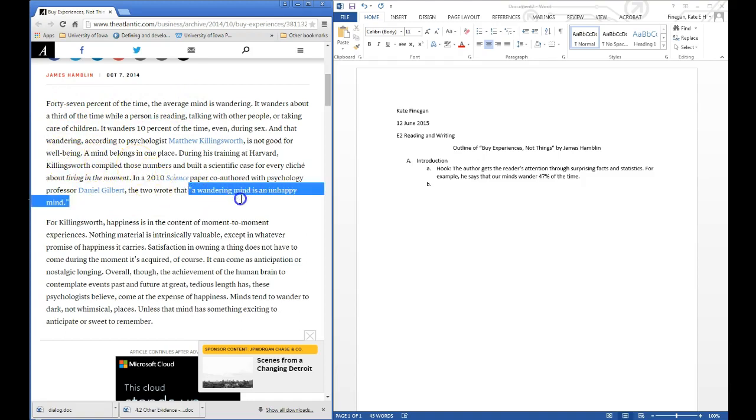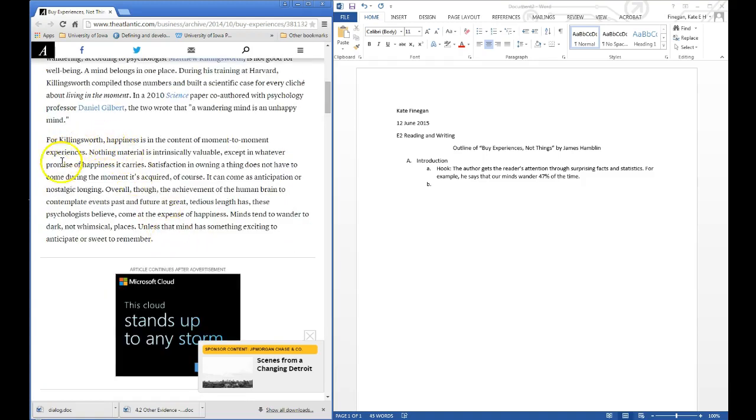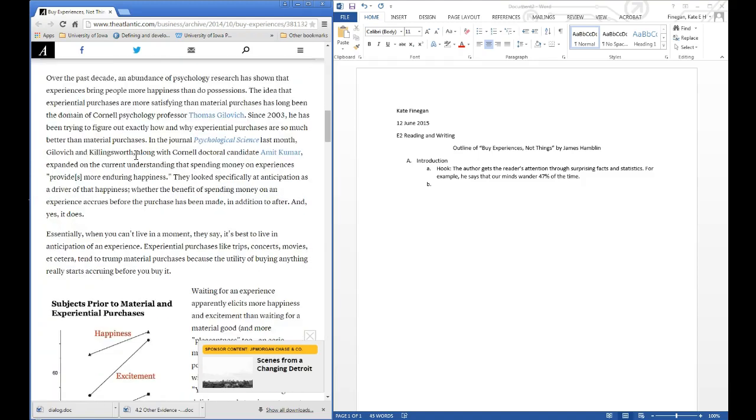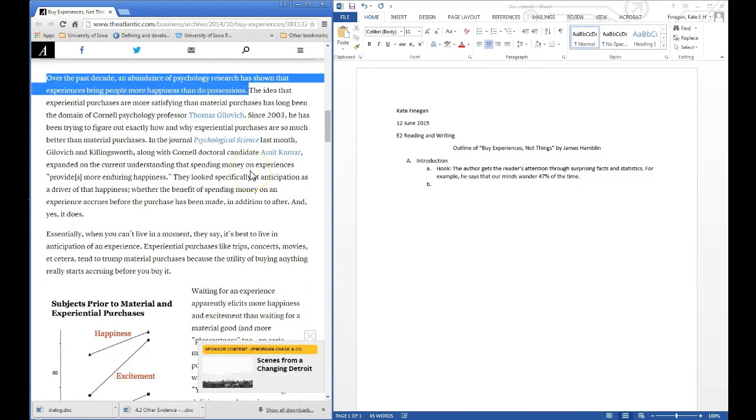We read that a wandering mind is an unhappy mind. And then we read about material possessions and whether or not they can bring happiness. And then I think that this is probably the closest thing to a thesis statement. Okay, but let's keep reading just to make sure.